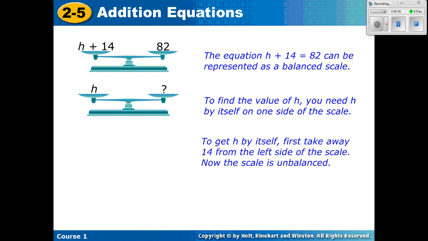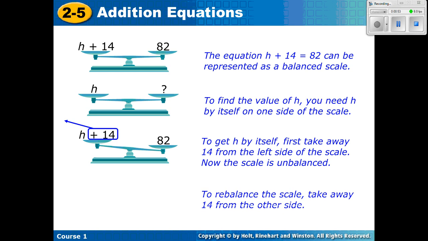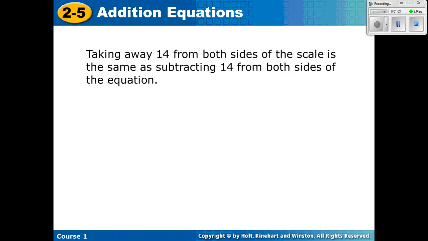To get h by itself, first we need to take away 14 from the left side of the scale. So how do we do that? How do we make the scale unbalanced and then rebalance it later? Well, let's go over that. Taking away 14 from both sides of the scale is the same as subtracting 14 from both sides of the equation.